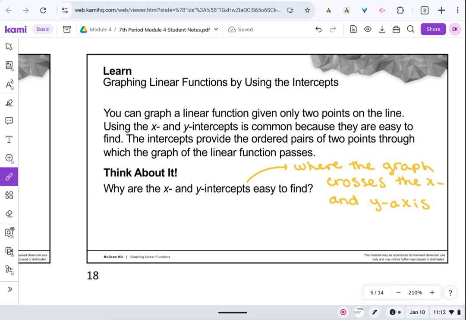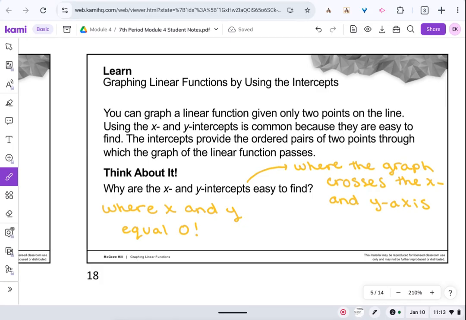So it's where our graph is crossing through the x and y axis. Now, the reason these are easy to find is because this is where x and y equal 0. So we can easily find these because we can use x and y as being this number 0 to find the 2 points that this line would go through.